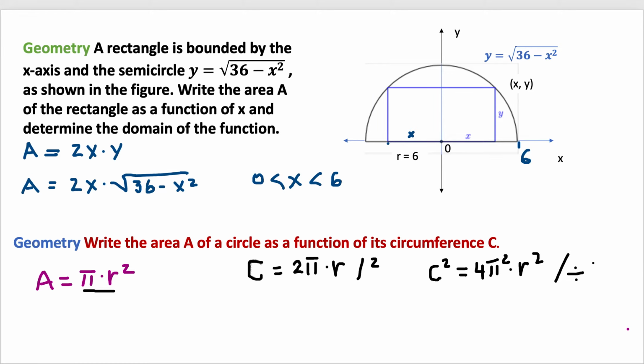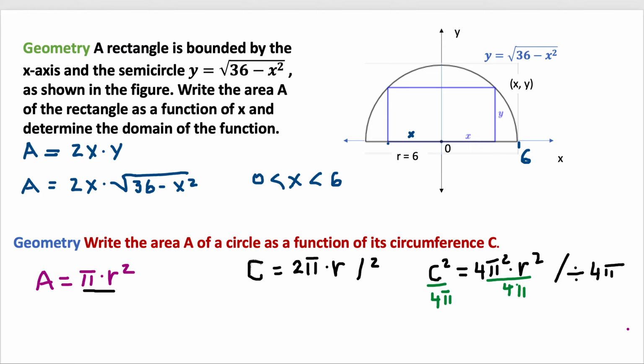Divide the whole equation by 4 pi. And the same thing I'm going to do on the right side of the equation, divide it by 4 pi.